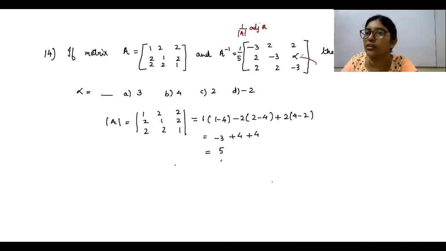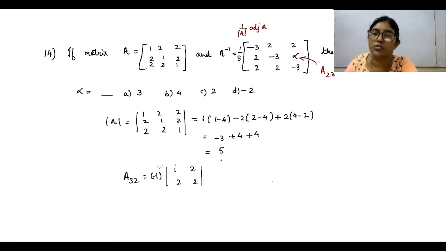Now in adjoint A, this value is the second row, third column entry. But actually this is obtained after taking transpose and hence we are looking for P2 entry. So that is third row, second column to be removed and it is 1, 2, 2, 2. And of course minus 1 raised to 3 plus 2.